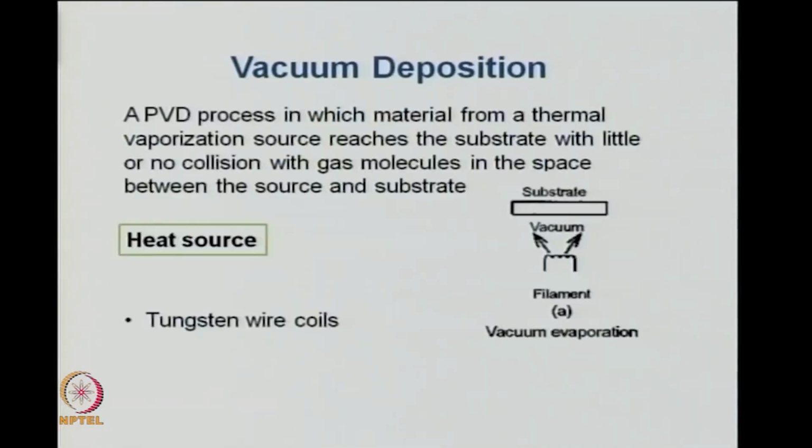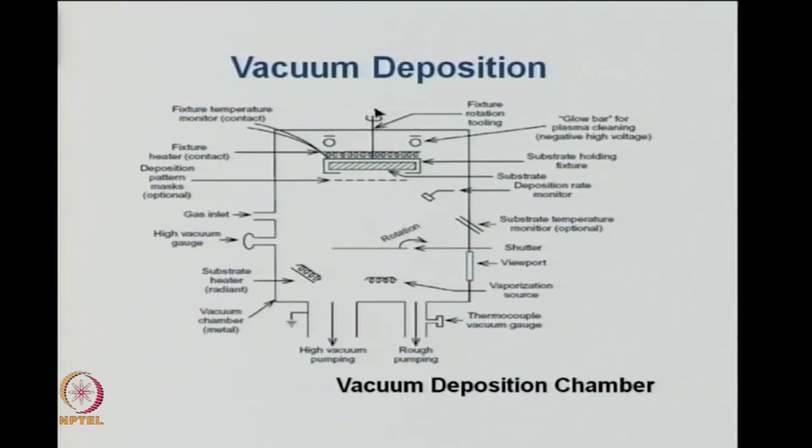The next technique, we can discuss this a little bit more in detail, the instrumentation of the vacuum deposition technique. So, here is the filament where you will have your vaporization source. This will start evaporating from the filament where the source is there.